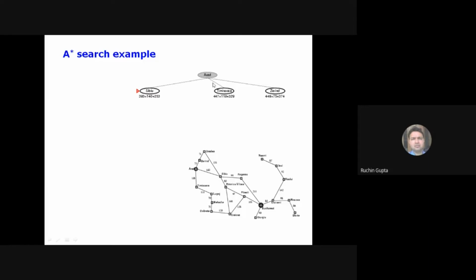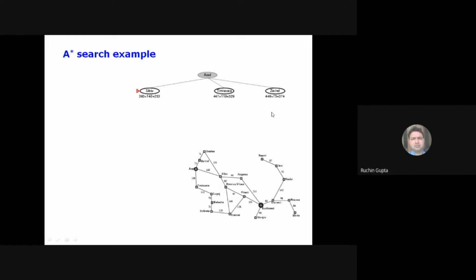Similarly, the cost of the path from Arad to Timisoara is 118. From Arad to Zerind, it is 75. So we will get 393, 447, 449 for the 3 cities.